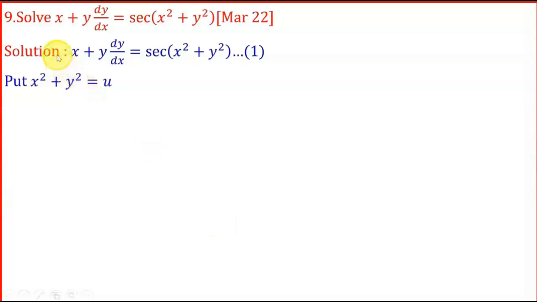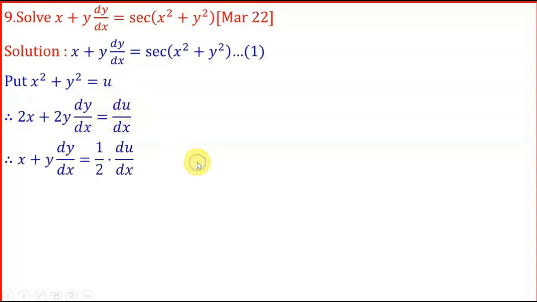Now next. Solve (x + y) dy/dx equals x squared... (x squared + y squared). Now put x squared + y squared equals u. After differentiating, you will have the derivative of x squared is 2x, the derivative of y squared is 2y dy/dx, and the derivative of u is du/dx.